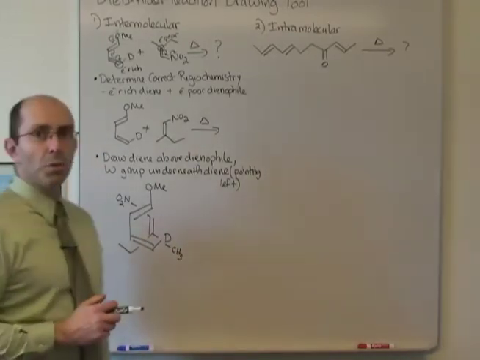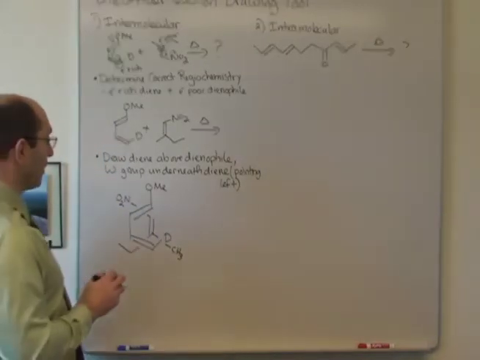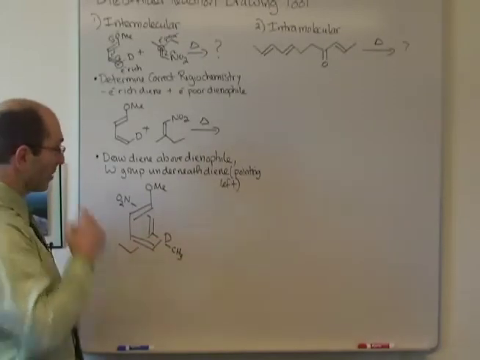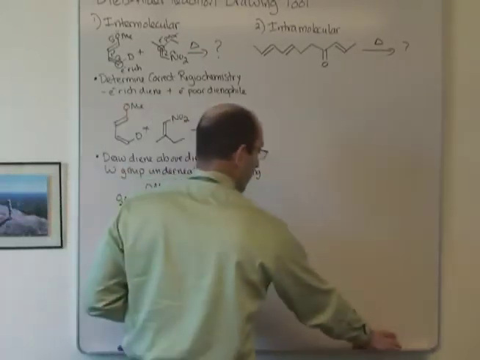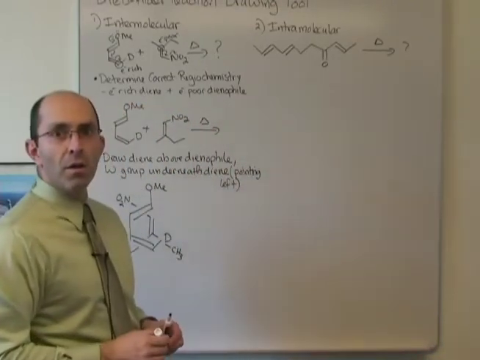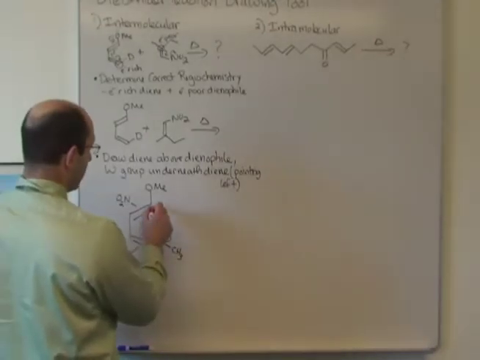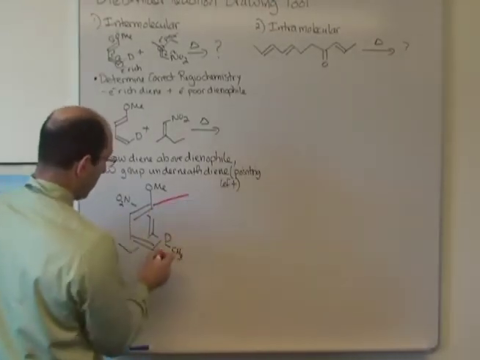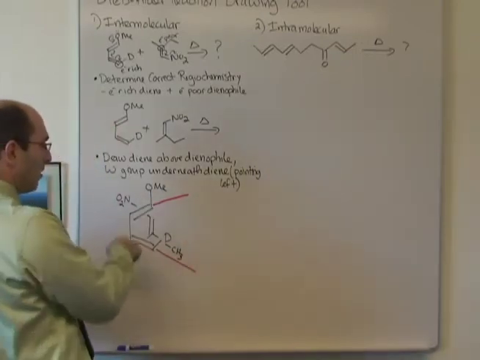And so what the drawing tool enables us to see is which atoms are going to end up on the same face in the product. And so what we do now is we say that there are two regions that are going to have substituents cis. So what you want to do is just extend the diene. So just draw out to extend where the diene is.